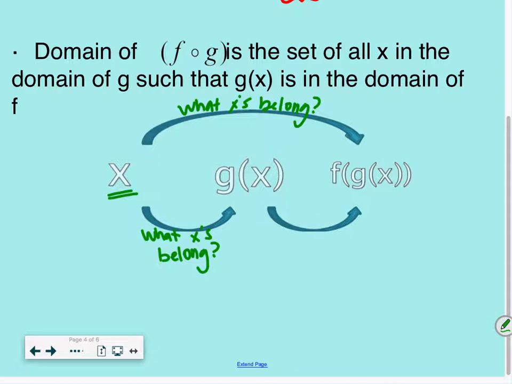If g of x has a restricted domain, but somehow the composition is all real numbers, we still have to stick with that restricted domain because we plug into g of x first. If g of x has a domain of all real numbers, but when we do the composition, there are x values that don't work, we have to consider that and take those away.